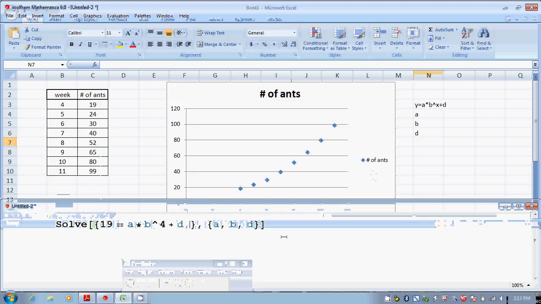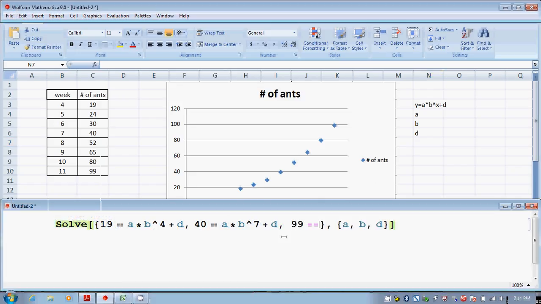My second equation comes from week 7, so 40 equals a times b raised to the 7th power plus d. And my final equation comes from week 11, where we have 99 equals a times b raised to the 11th power plus d.